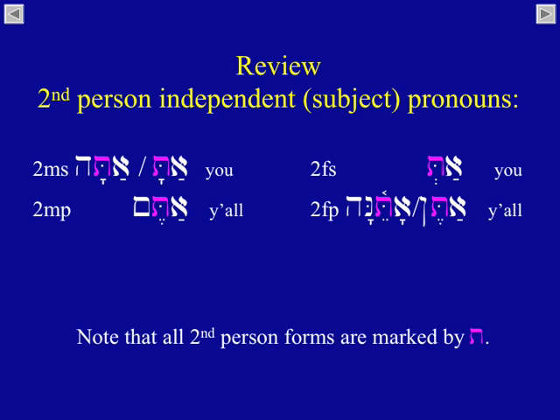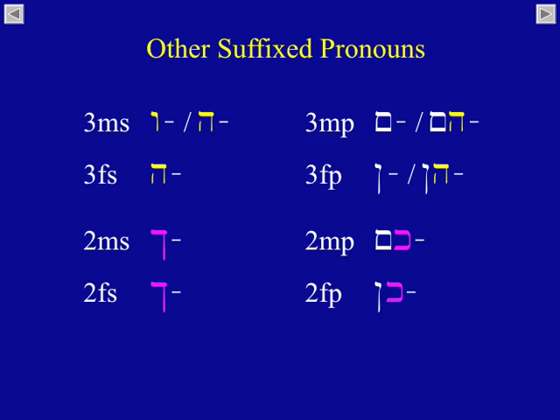At for feminine, ata for masculine, aten or atena for feminine, atem for masculine. However, in the suffixed forms, these second person forms are not marked by tav at all. But through a quirk in the development of the language, instead by kaf. Whereas the third person forms are largely marked by he, just as we would expect from forms like hu and he, heim and heina.